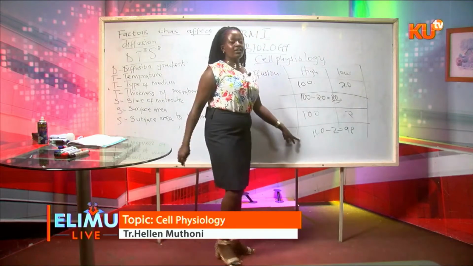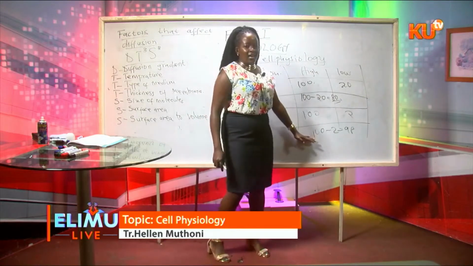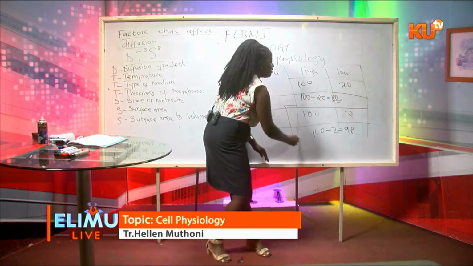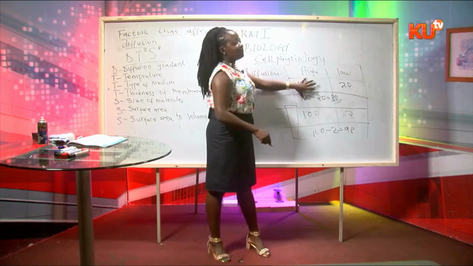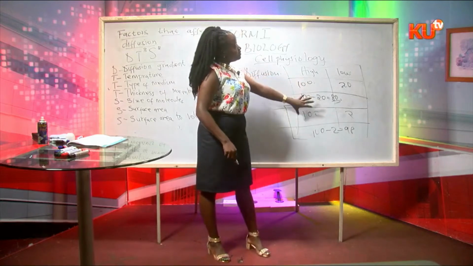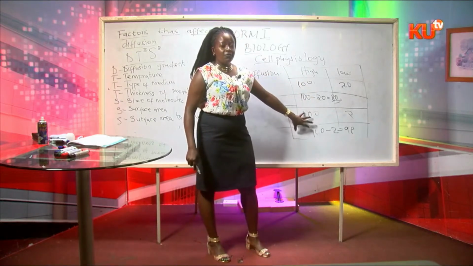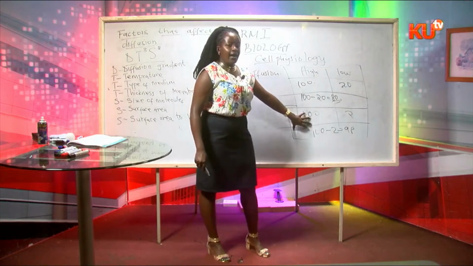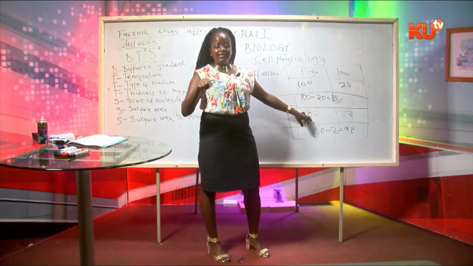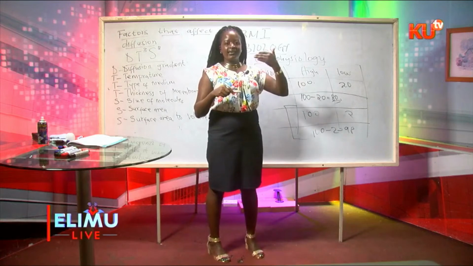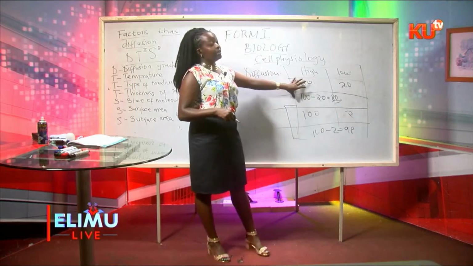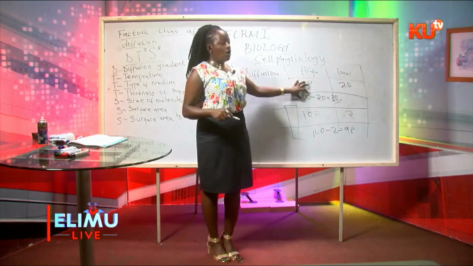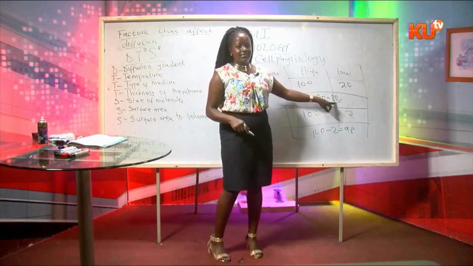So the diffusion gradient in the second scenario will be greater than in the first scenario. So there'll be a higher rate of diffusion in this area because the difference in concentration is greater, and there'll be a low rate of diffusion in this area because the difference is lesser.